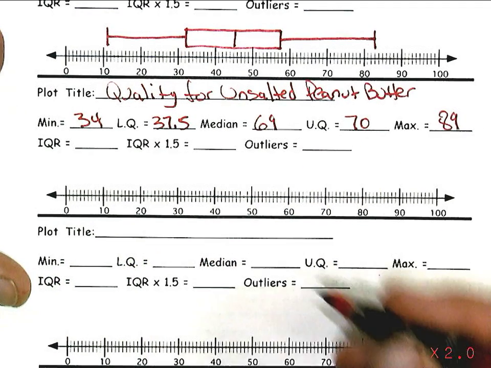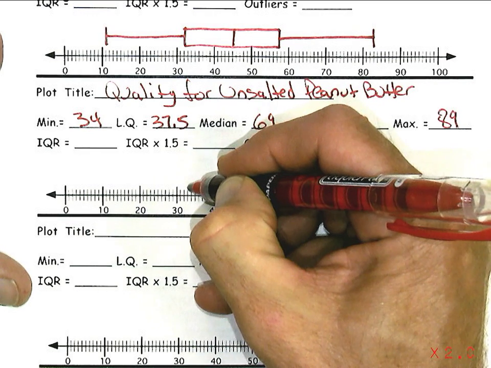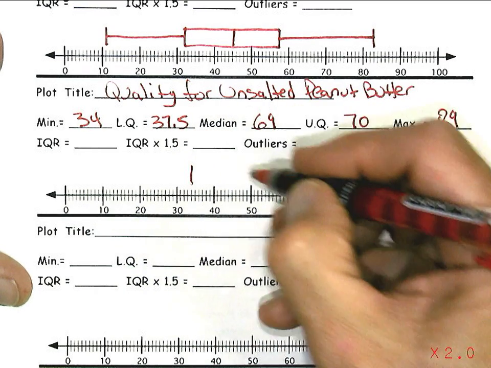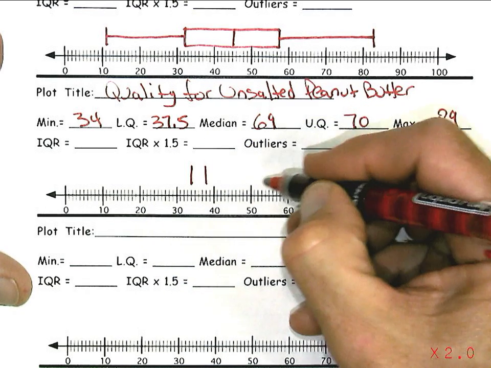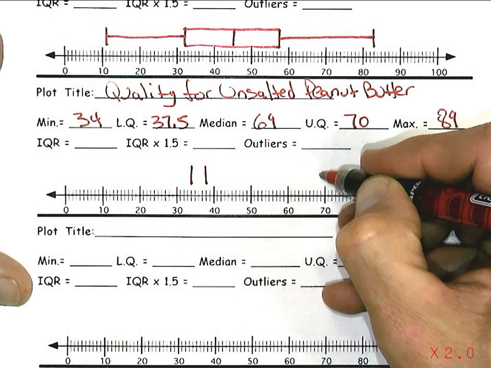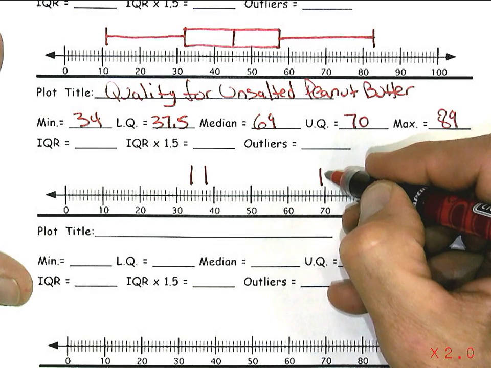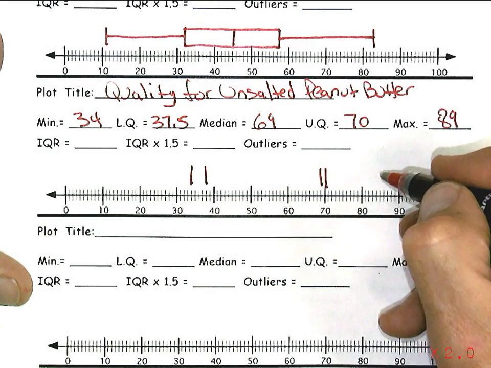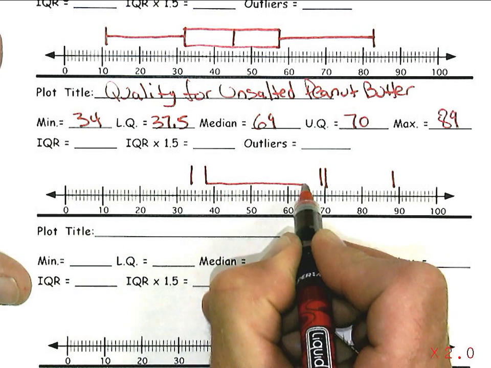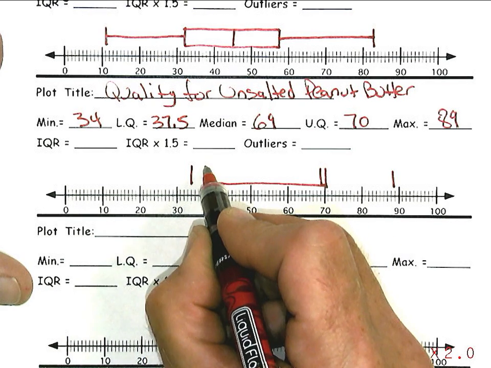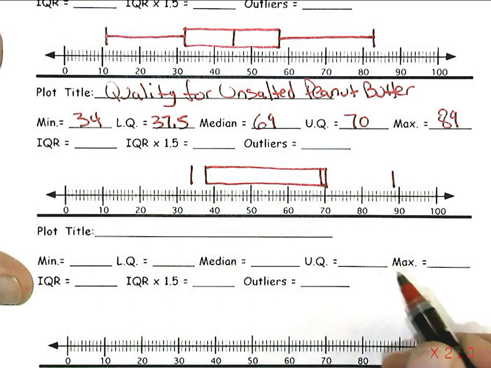So now I can put those on the chart: 34, 37.5, 69, 70, and 89. It's kind of an interesting box, the 3 in the middle. The median is very close to the upper quartile.